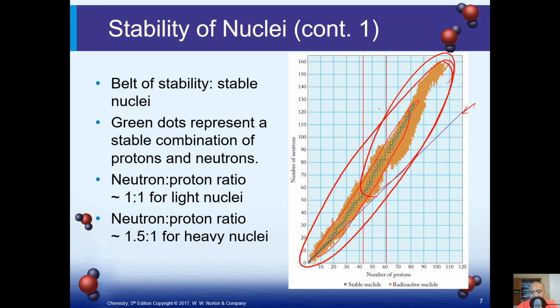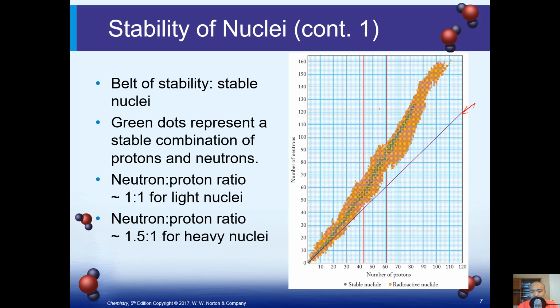Note that for the elements with atomic numbers smaller than 20, in this region, the neutron to proton ratio is almost 1:1. And when we gradually increase the atomic number, the ratio of neutron to proton will be 1.5 to 1.